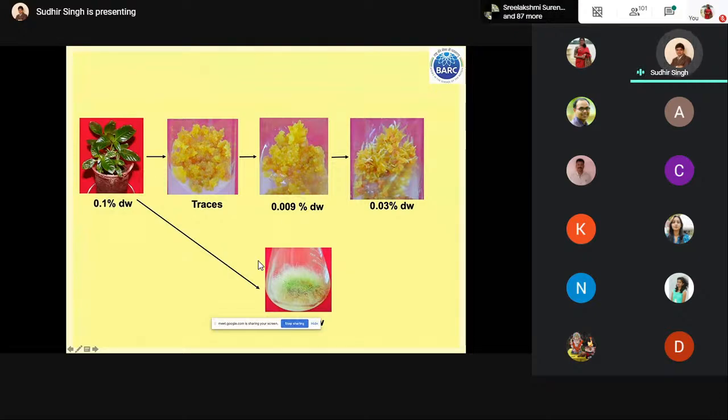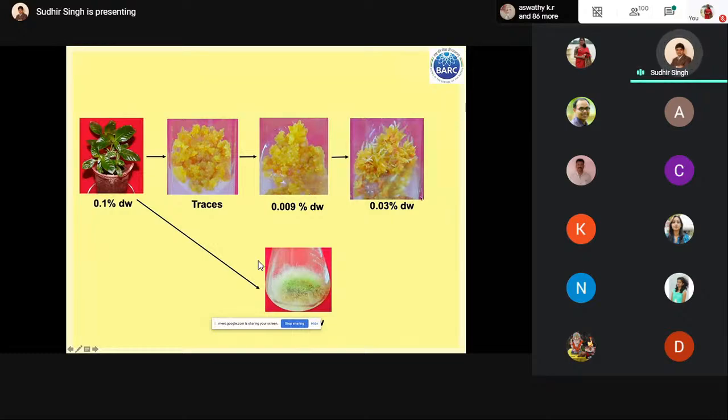Through tissue culture, we have developed different developmental stages of this plant, and we analyzed the CPT present in them using HPLC. The friable callus has traces or non-detectable levels of camptothecin. When it starts a little differentiation, where root primordia have started coming, it has 0.009% dry weight. When more prominent roots come, it increases to 0.03% dry weight.